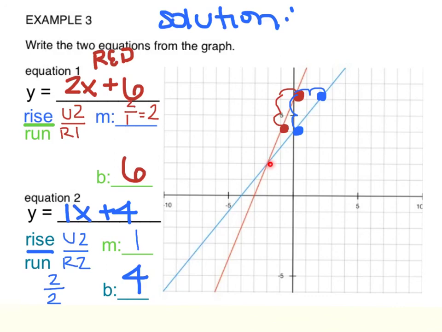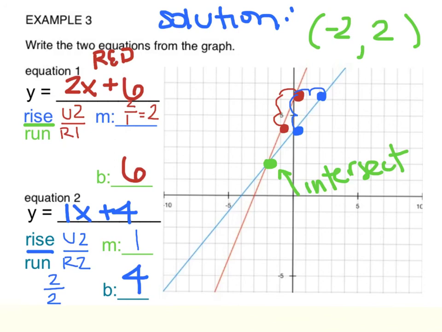Remember, we always find the solution where the 2 lines intersect. So that's where we find our solution. And what point do they intersect at? -2, 2. So that would be the solution.